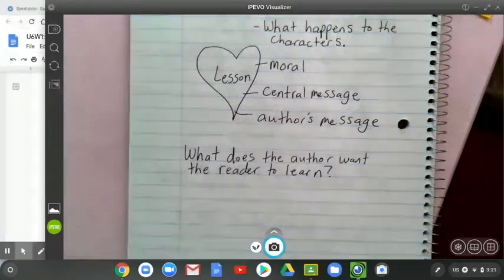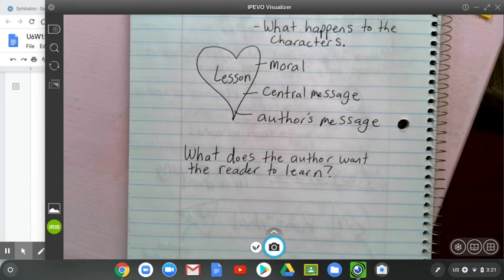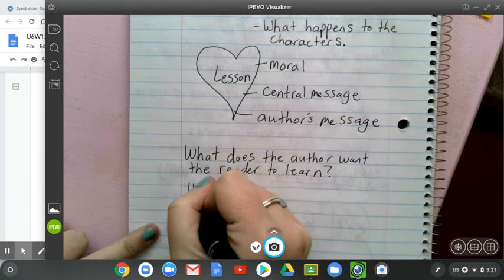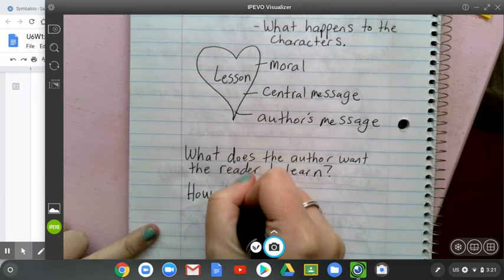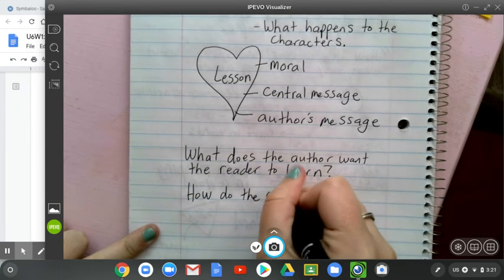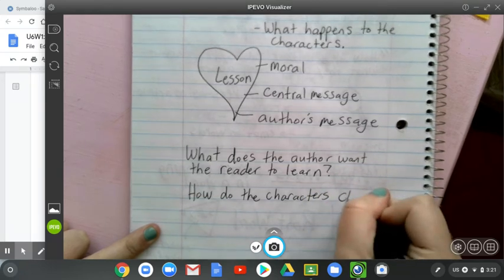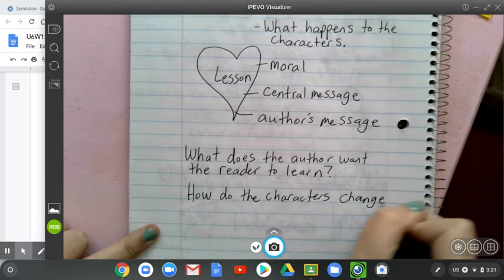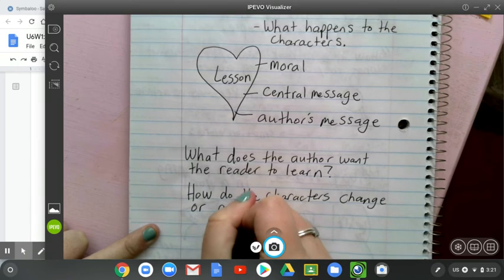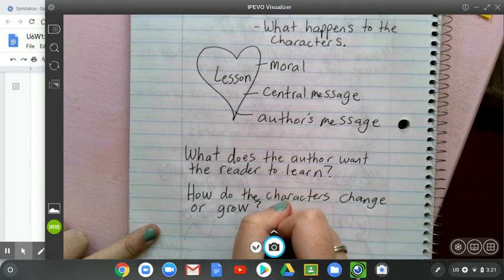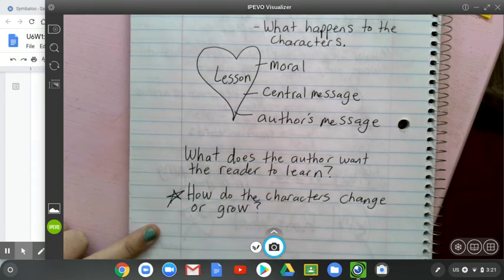Some things that you can also ask yourself is, how do the characters change or grow? That's a huge one we're going to focus on, so I'm going to put a star next to it.